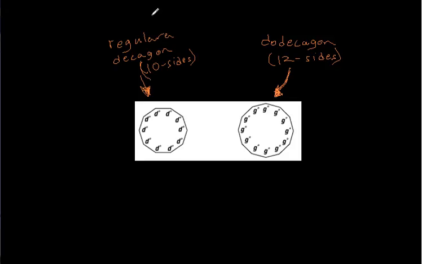Let's use that formula again: n minus 2 times 180.